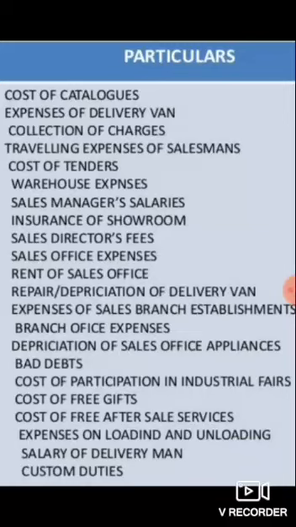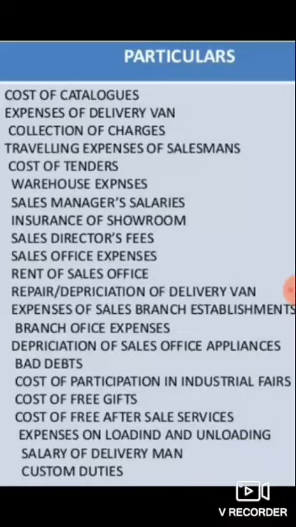Sales manager salaries, if they have a separate sales manager, his salary is added under selling expenses. And insurance of showroom, so the company has their own outlets, so they will be insuring those showrooms to avoid the losses. And sales directors fees, sales office expenses are all added.